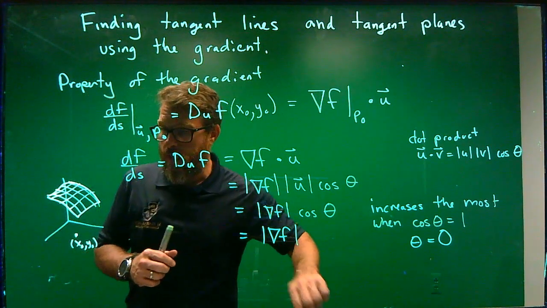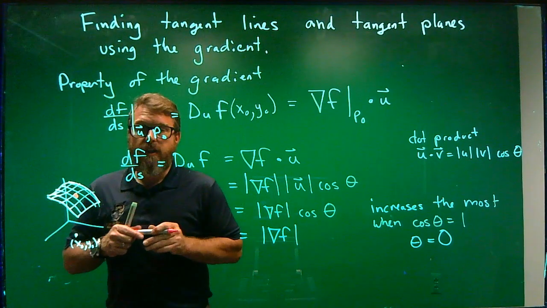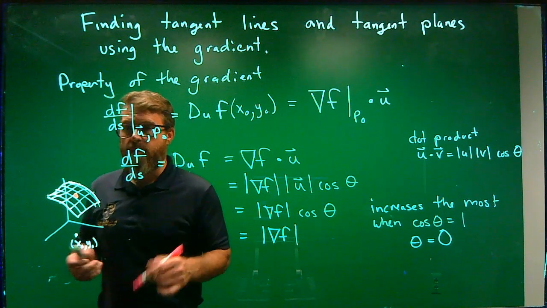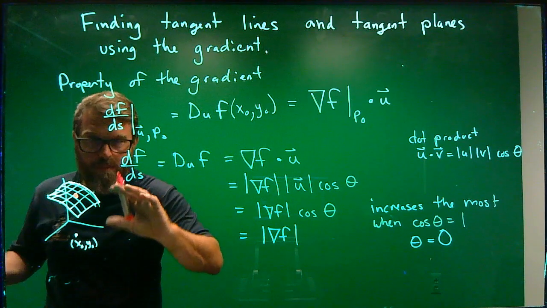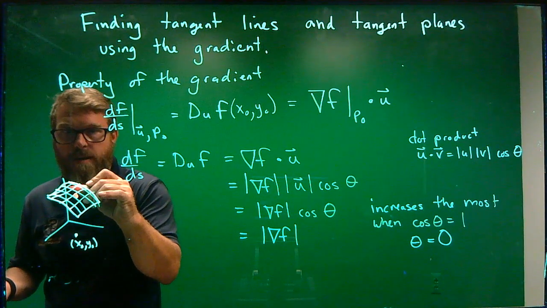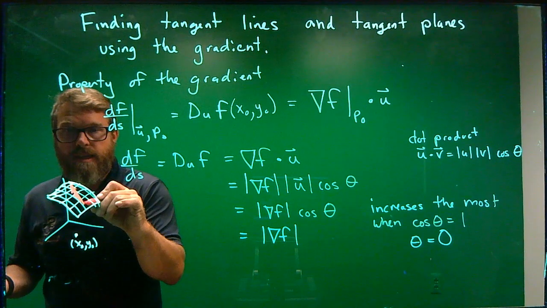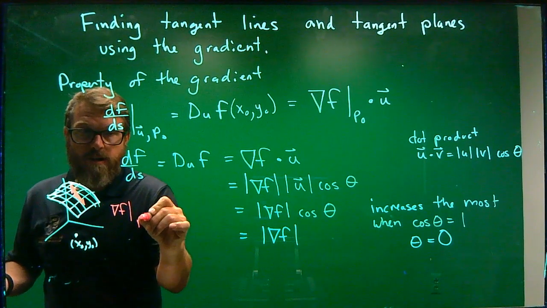At this particular point, if I map it up to this curve, find the gradient, and evaluate it at that point, that is where it increases the most, where it goes uphill the most. From my picture, it's increasing the most rapidly here, and that happens to be the gradient of f evaluated at p naught.